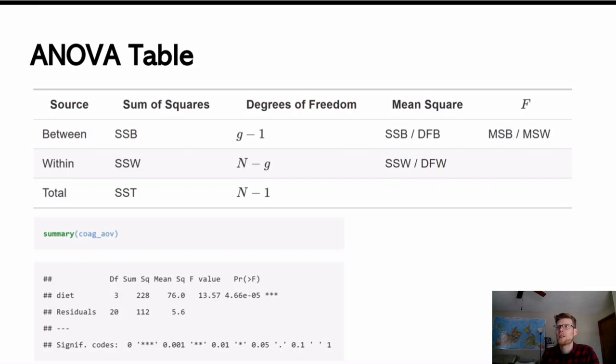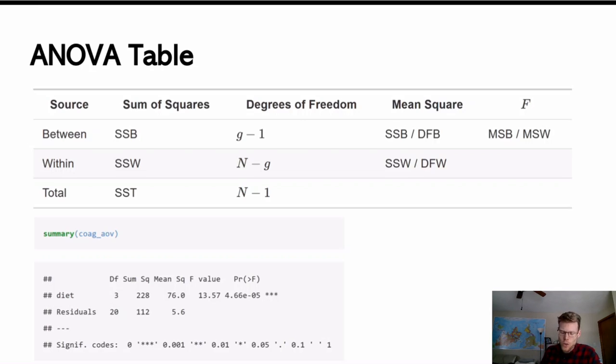But yeah, what's going on here is I am breaking down my variation, but then I'm also dividing by this degrees of freedom value, which we kind of need to talk about a little bit. So the between sum of squares value is the variation from group to group, and I am dividing that by approximately the number of groups that I'm comparing.